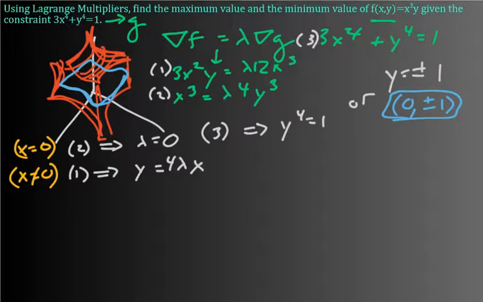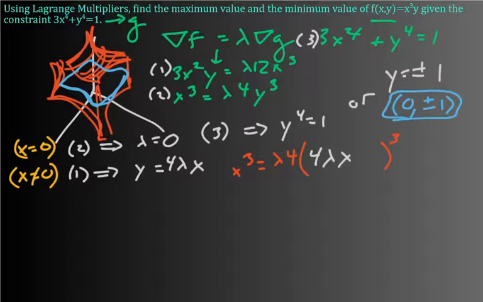Then I could plug that into the second equation. I'll have x cubed equals lambda times 4, and then I'll put in my y, which is 4 lambda x, and all of that is cubed. Now you can go and simplify some of this.